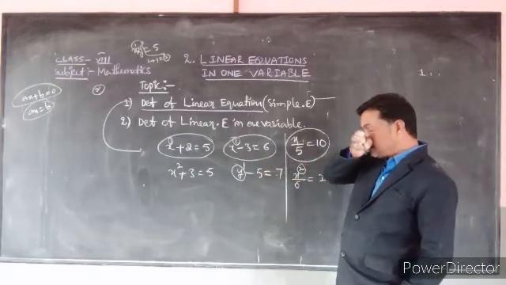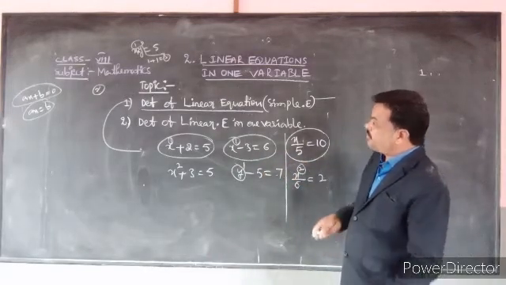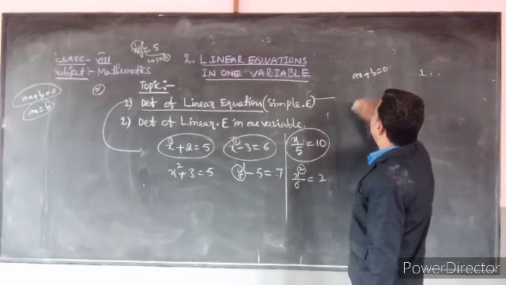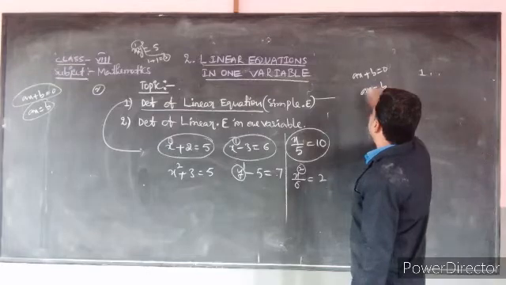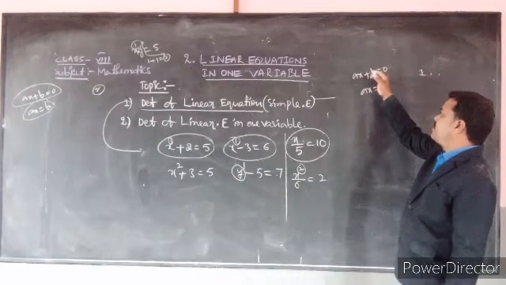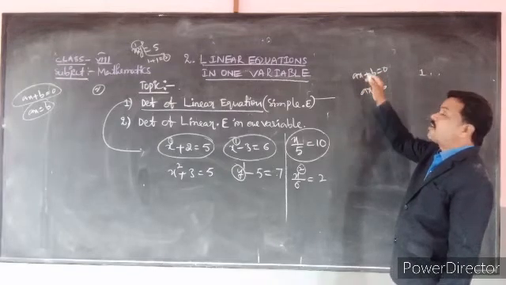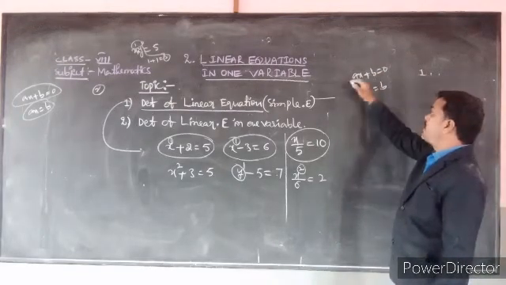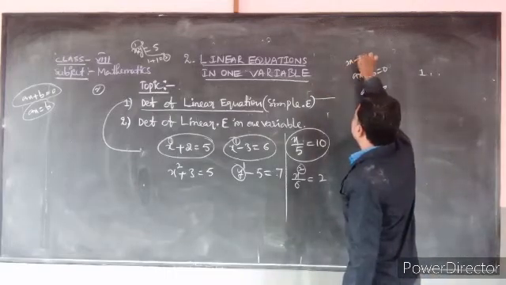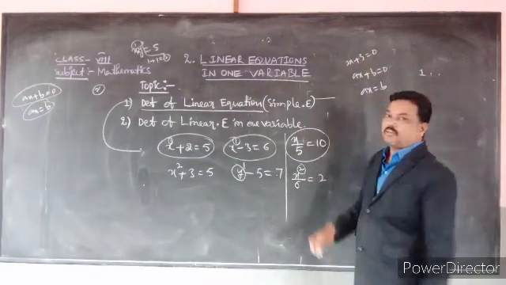The next: the general form of a linear equation is ax plus b is equal to 0, or ax is equal to b. This is the general form of a linear equation in one variable, where a and b are constants. a and b are constants means a and b are two numbers, like 2x plus 3 is equal to 0.